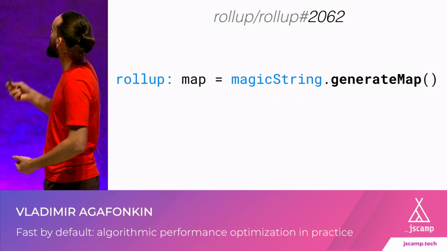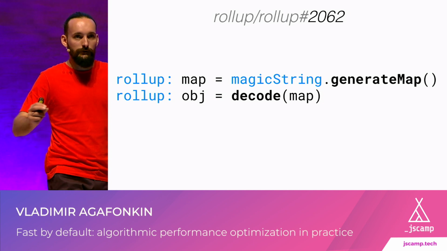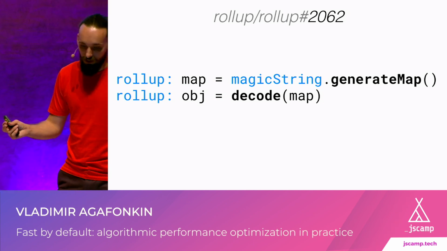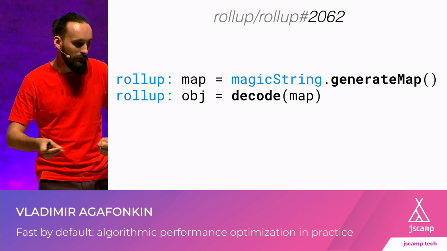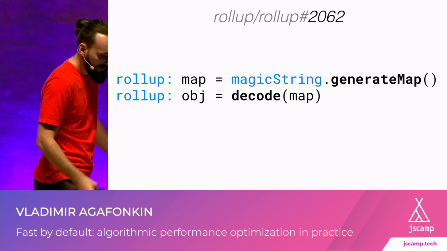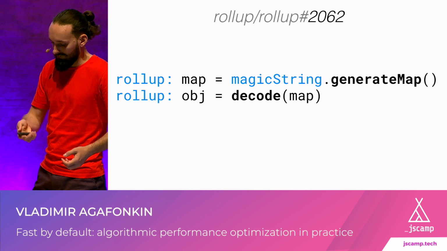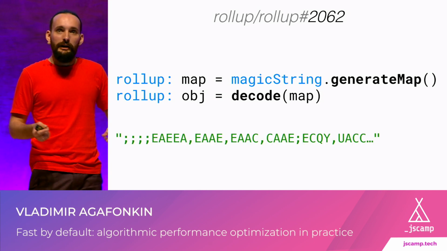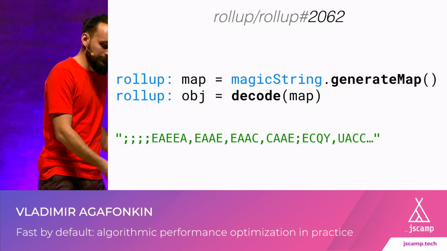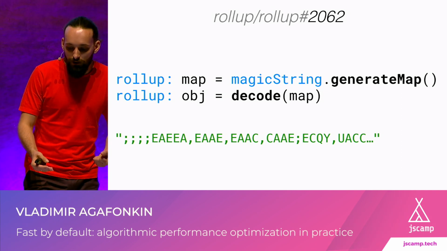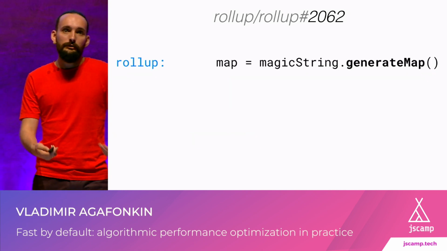So I started to dig deeper, and I came to these two lines of code that were particularly slow in Rollup. And Rollup uses a dependency called magic string for manipulating and generating source maps. And it's absolutely not obvious why these two lines of code would be slow. And source maps have this string form that looks like this. So to understand why this is slow, you have to dig into this magic string dependency and see what's going on there.